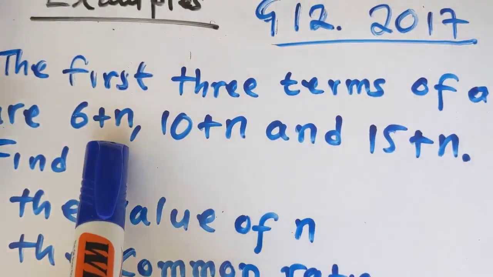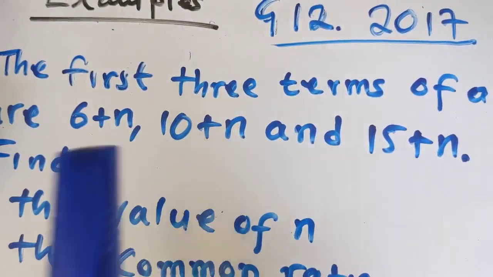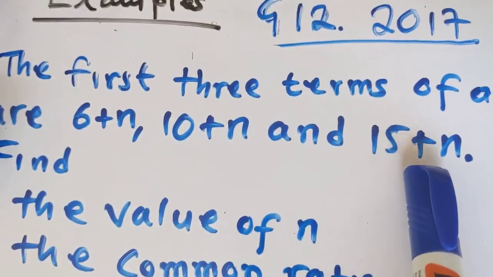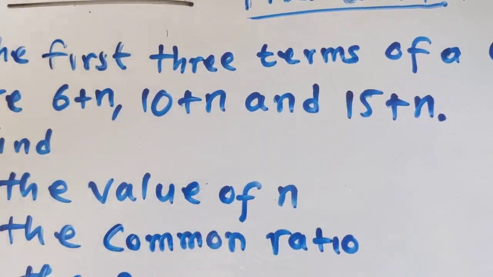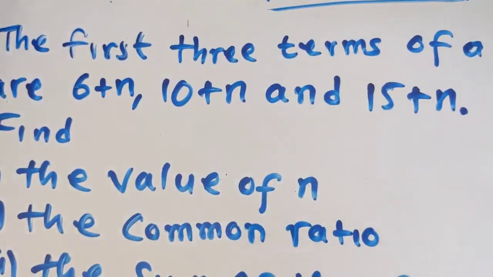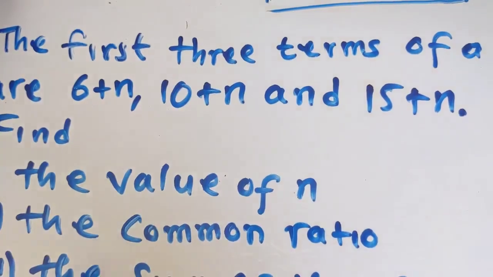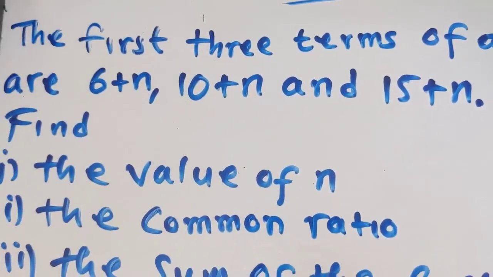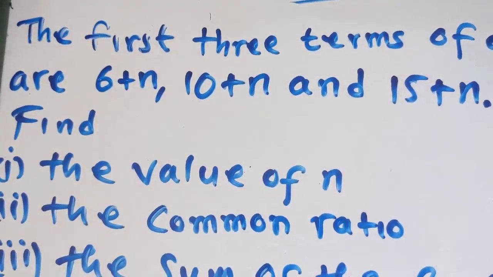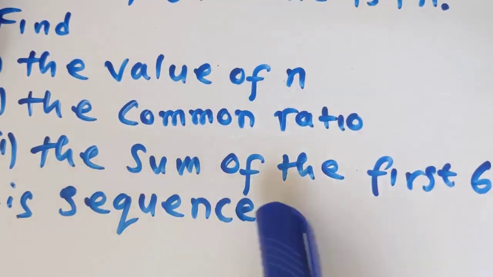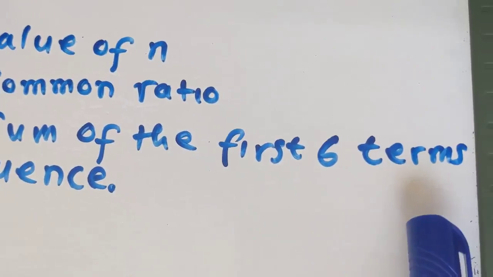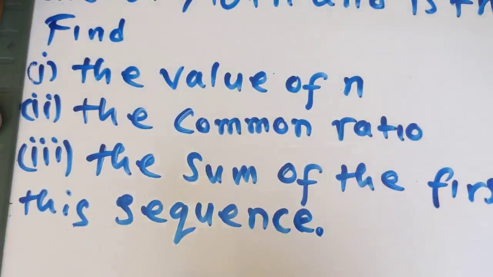This is the first term, this is the second term, this is the third term. That is how these questions come. The first question asks us to find the value of n, the other one the common ratio, and the other one the sum of the first 6 terms of this sequence.